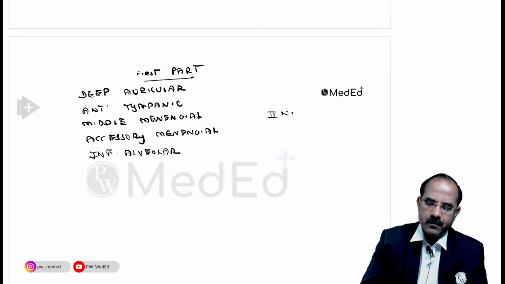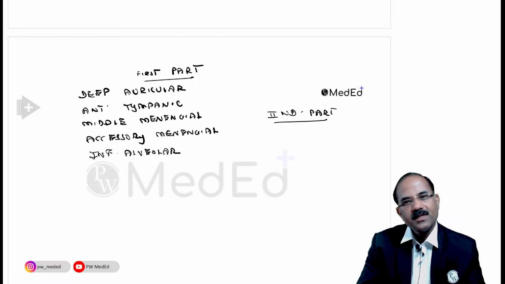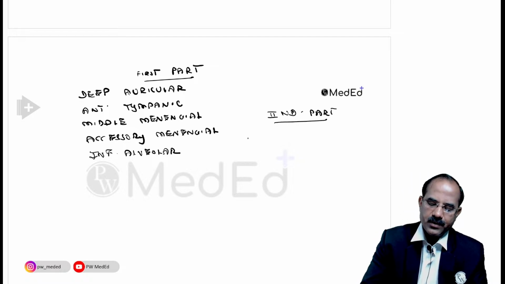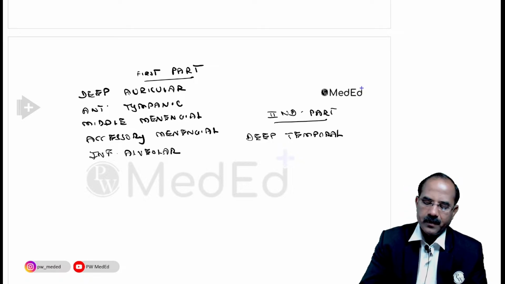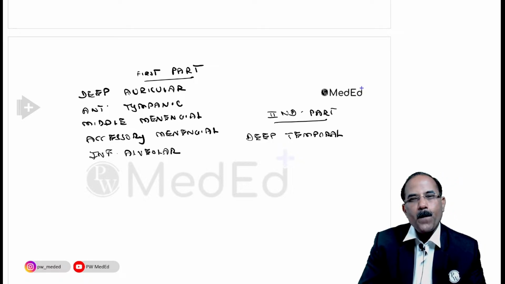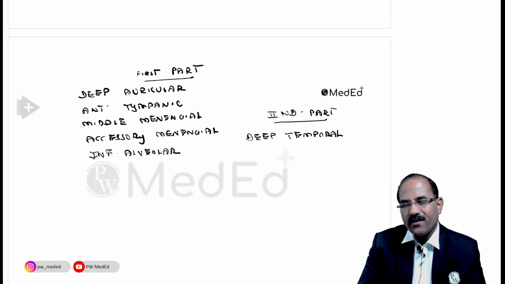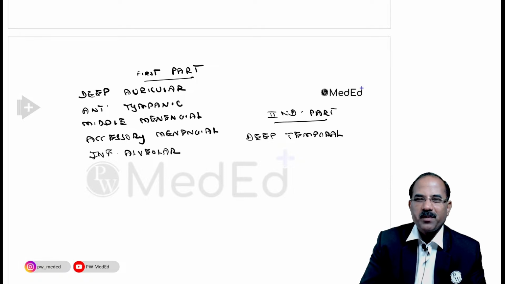Second part branches. You just have to remember this, children. Second part branches: one, deep temporal artery. It supplies the muscles of mastication. So which are the muscles of mastication? One is temporalis, so the artery is the deep temporal artery.